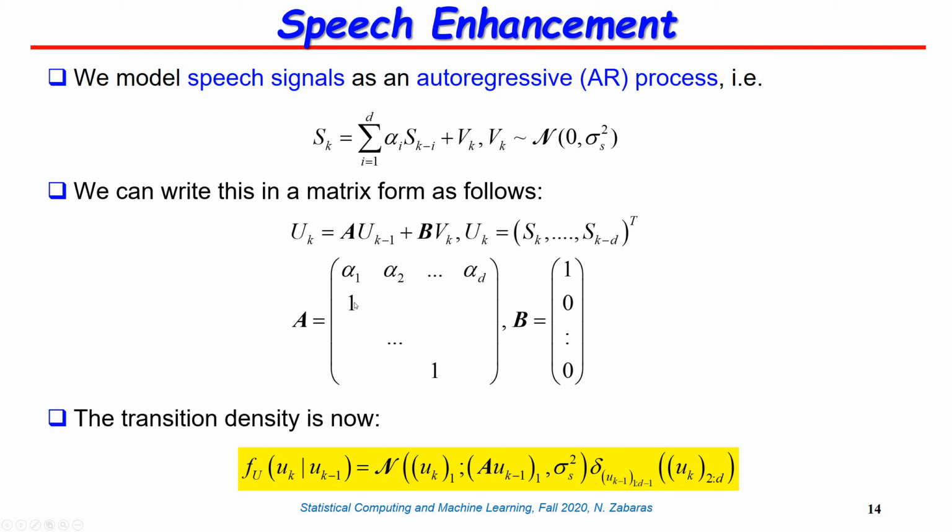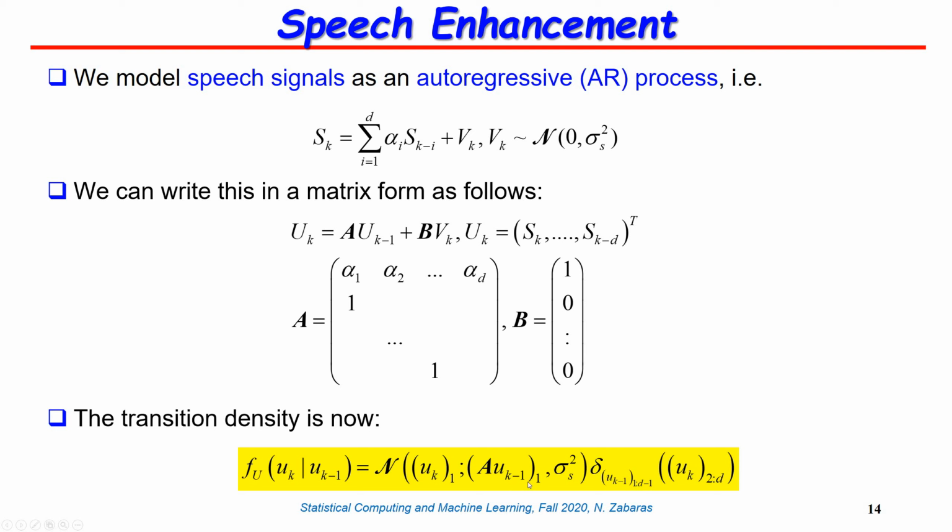You remember I said that s_{k-1} on the left-hand side is equal to s_{k-1} on the right-hand side. So I denote all of this with a delta function that tells me that the values of u_k from 2 to d are the same as the values of u_{k-1} from 1 to d minus 1.